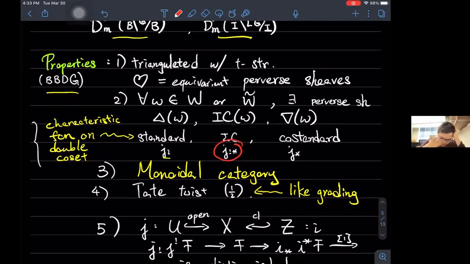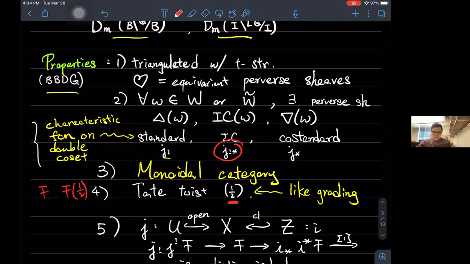And the fourth property is the so-called Tate twist. Whenever you have a sheaf, you could twist with 1/2, for example. So in other words, it's like some grading: the derived categories are graded, so you could move upwards and downwards.